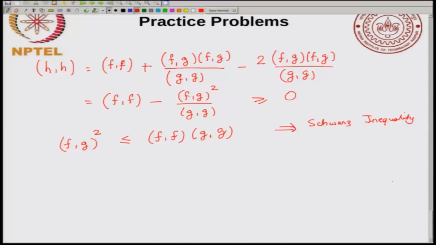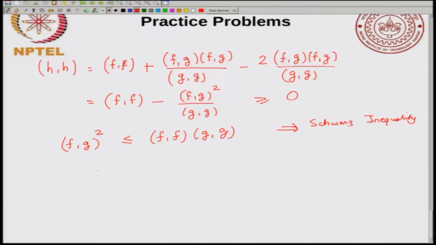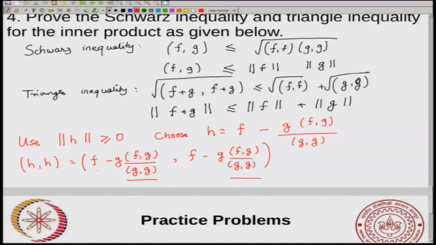Next we will prove the triangle inequality. Let us look at our expression for the triangle inequality that we had here: the square root of (f plus g, f plus g) is less than this.